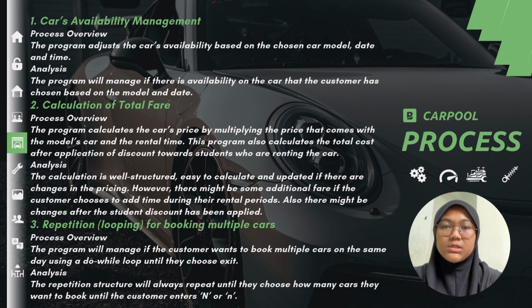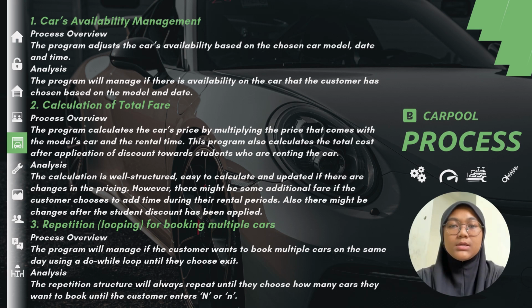The program adjusts the car's availability based on the chosen car model, date and time. The program will manage if there is availability on the car that the customer has chosen based on the model and date. The second one is calculation of total fare. The program calculates the car's price by multiplying the price that comes with the model's car and the rental time.